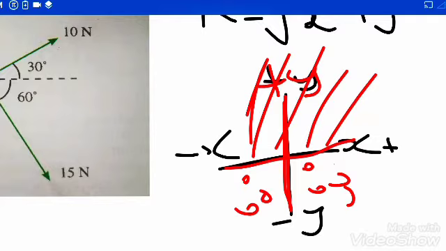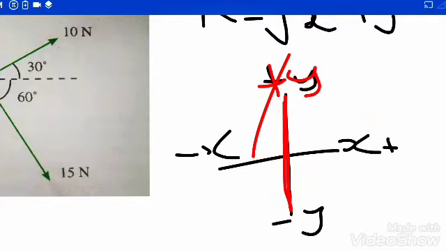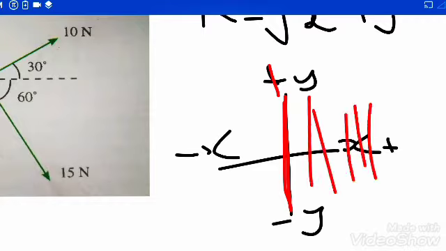For the horizontal line, we have the positive x-axis here and the negative x-axis here. With this we will be resolving the forces now.